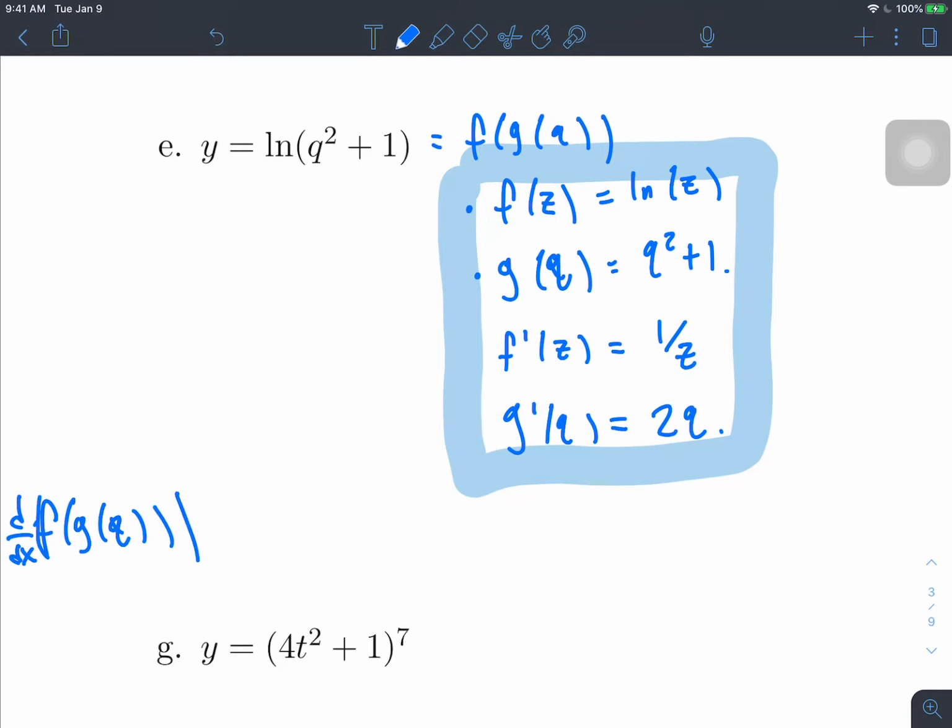So if we want to do the derivative of f of g of q, the formula should be derivative of the outside function, where we plug in the original inside function, and then we multiply by g prime of q, the derivative of the inside function. So what I do is I take g of q. It's not 2q. That is q squared plus 1.